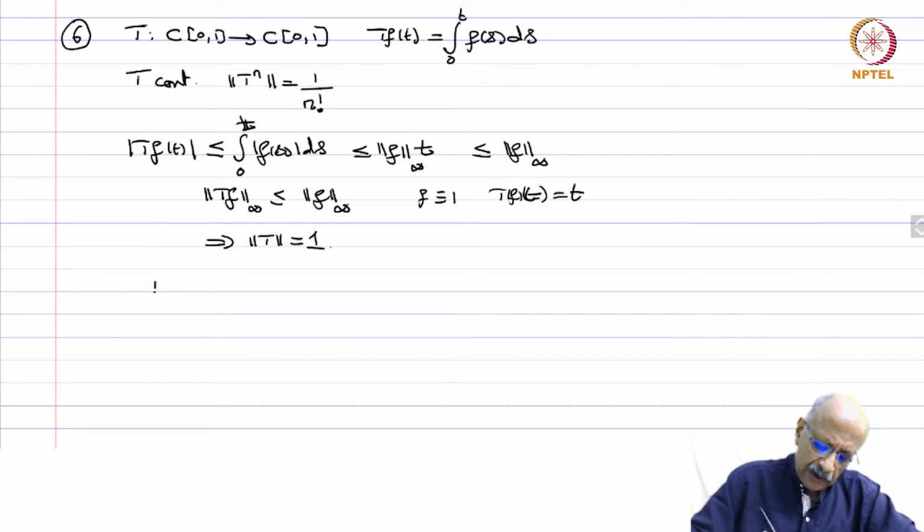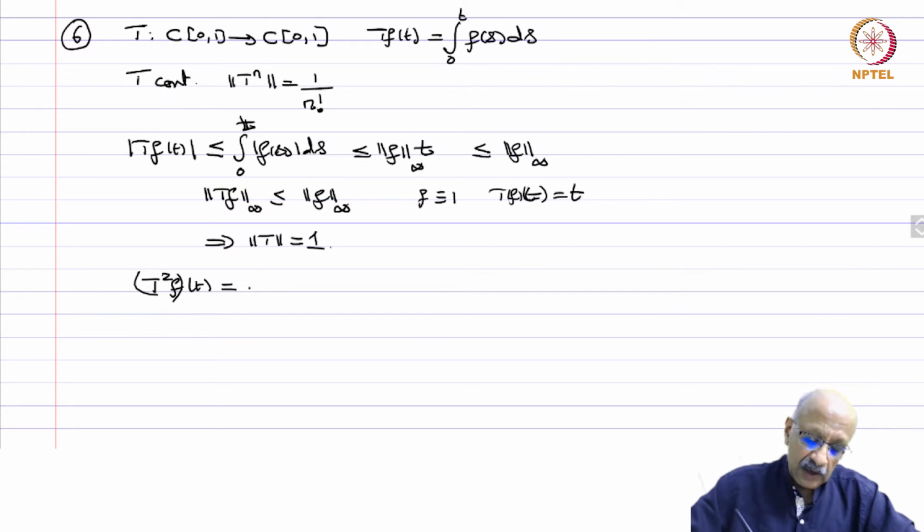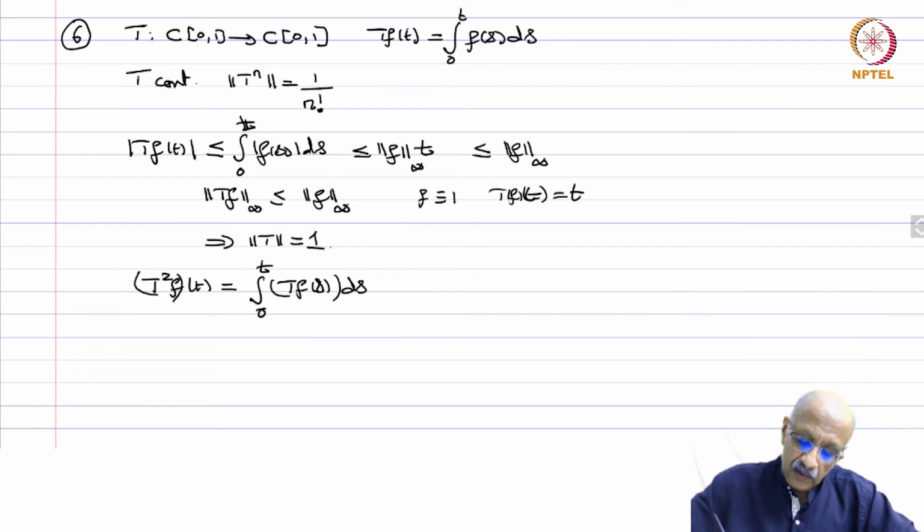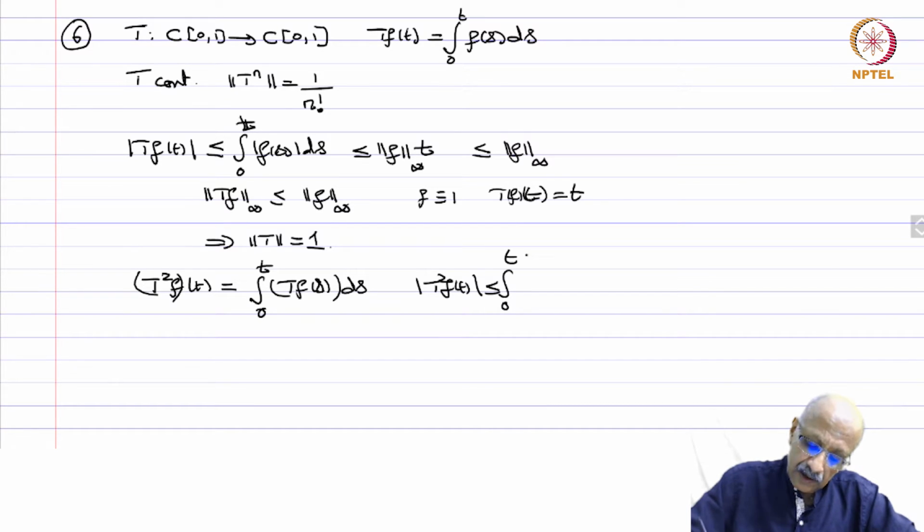Now let us look at T squared f at t. This is equal to the integral 0 to t of Tf(s) ds. So mod T squared f(t) is less than or equal to the integral 0 to t of mod Tf(s) ds.